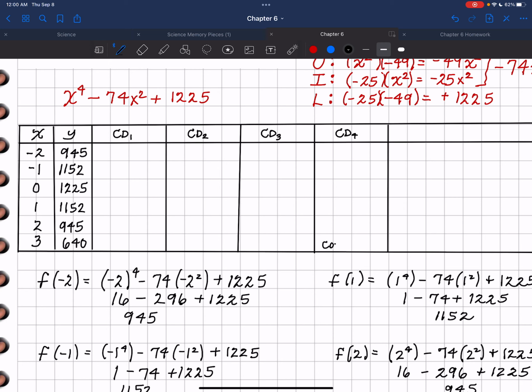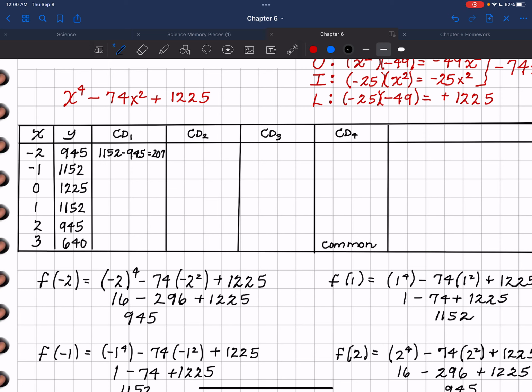And this is where I expect to see commonality because this is a 4th degree function. So 1152 minus 945 is 207.